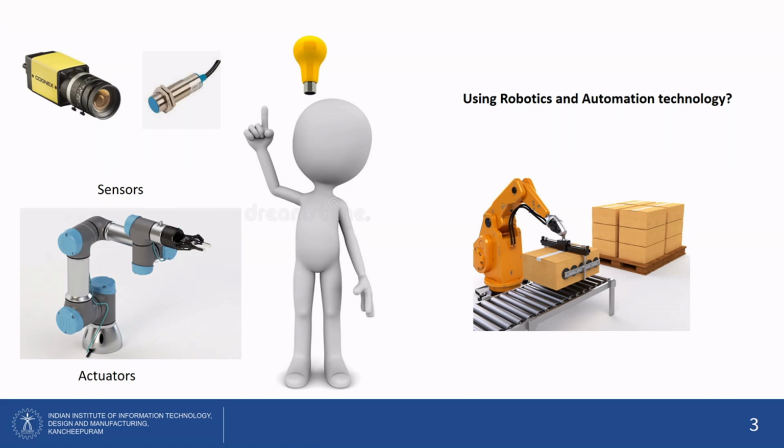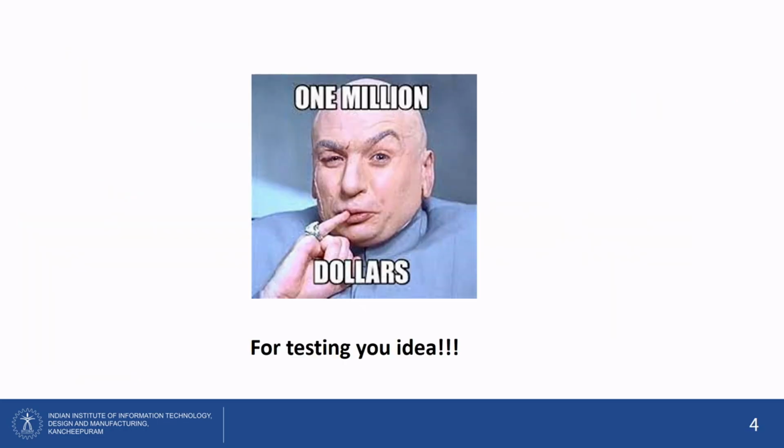And you calculate, okay, there's sensors, there's actuators, there's a jig, there's fabrication which is required to attach and mount all the sensors, and there are many things involved, right? So you say $1 million just for testing the idea. At this stage, the vaccinator won't be very happy.